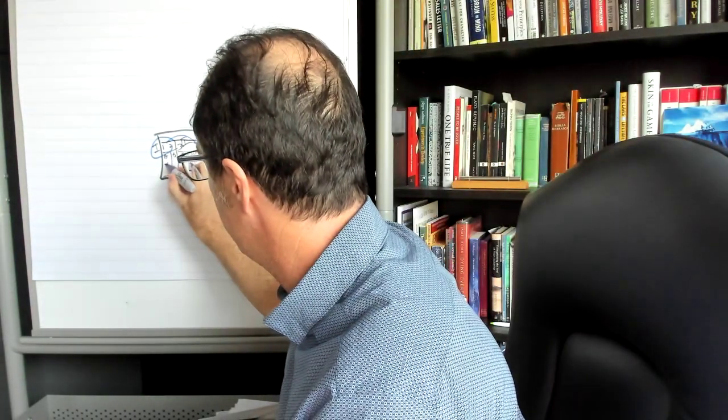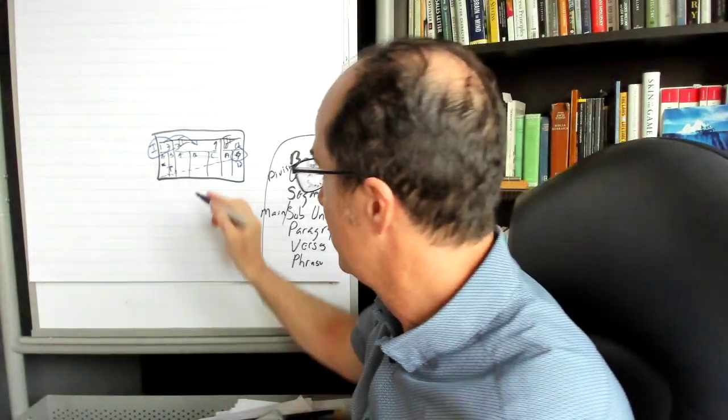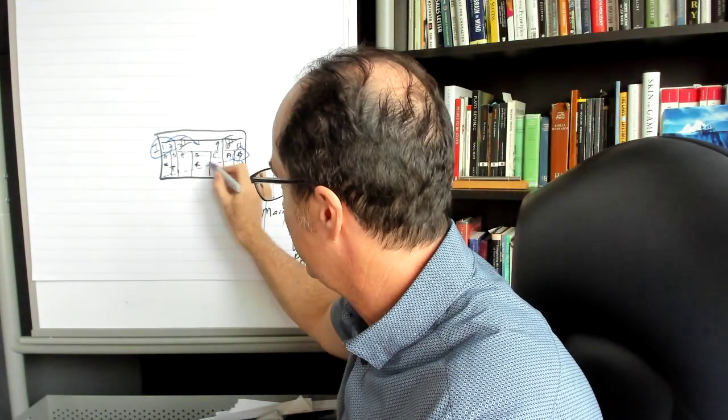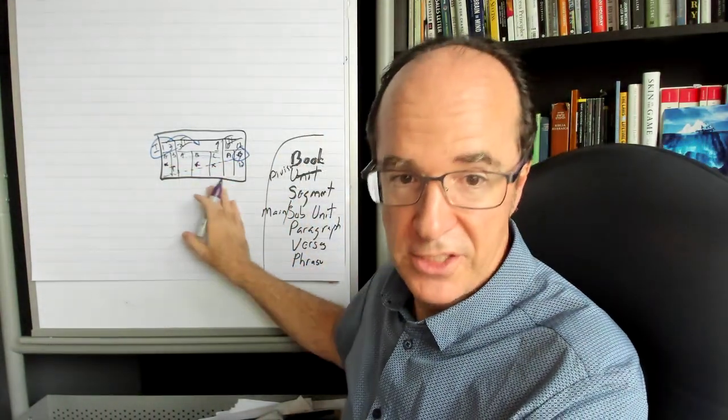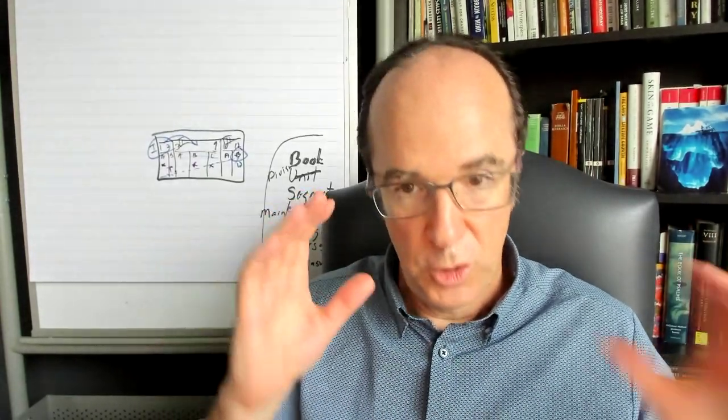Maybe it happens here, happens here. If it's only in that first unit, that's not recurrence. But if it happens maybe here and here, that's recurrence now because it's in 2 of the units, right? So that's the key thing. You want distribution.